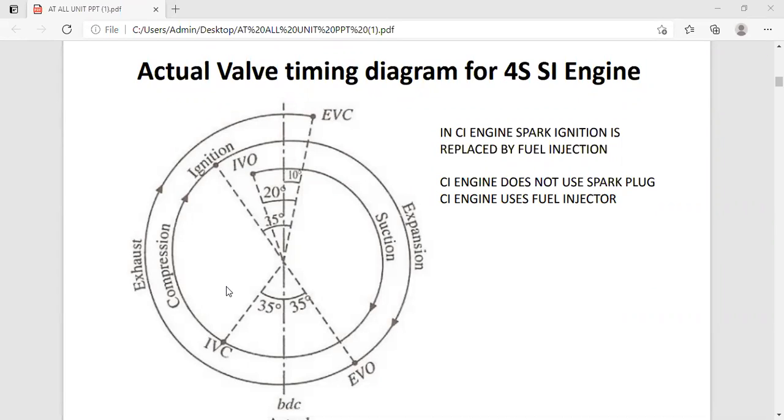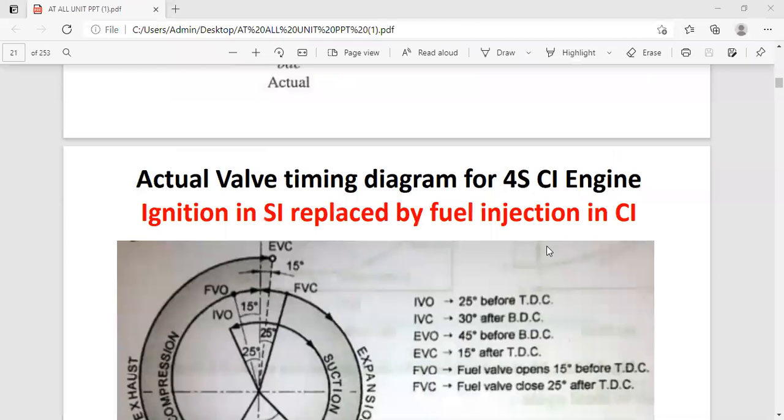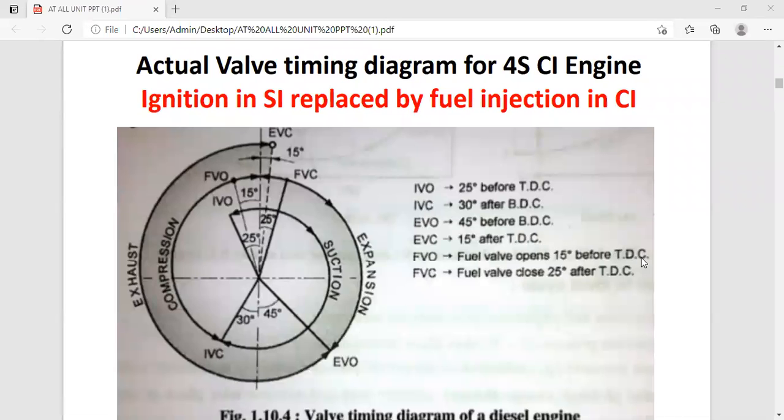So this is the actual diagram for the four-stroke SI engine. Have you any difficulty regarding this? Do you have any doubts about this? No, sir. Okay.